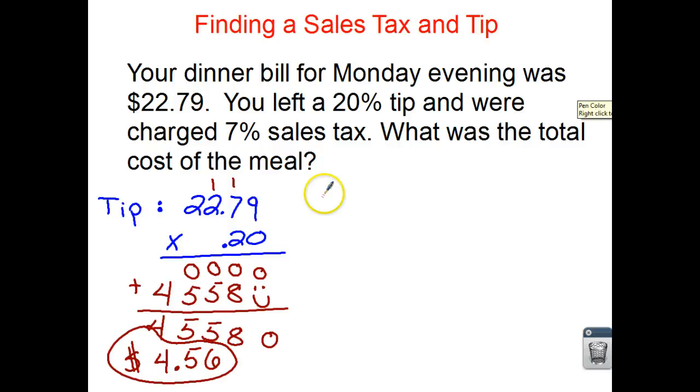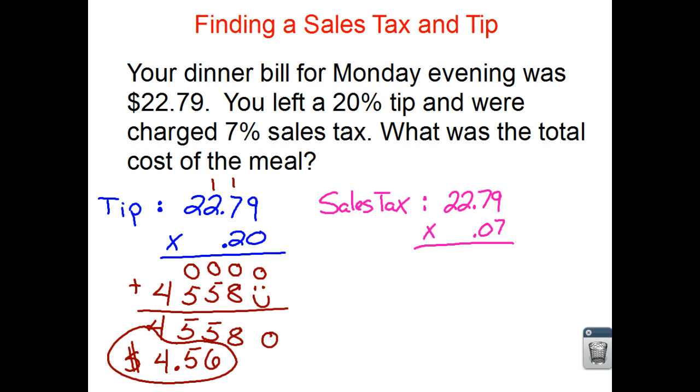Okay, so let's do sales tax. And we know that was 7%. So let's take our 2279 and multiply that by 7%, which we know is 0.07.